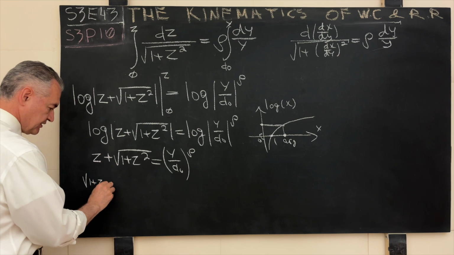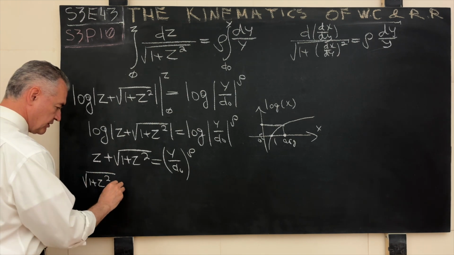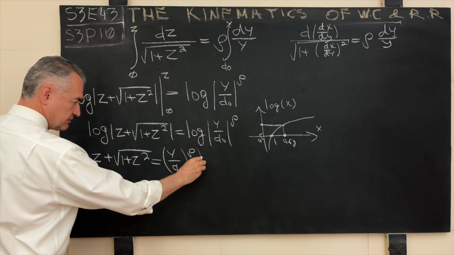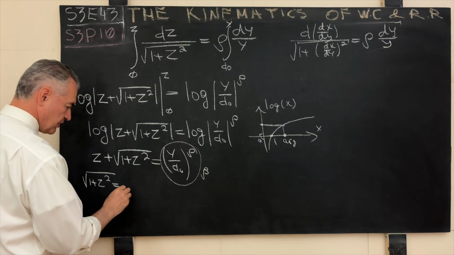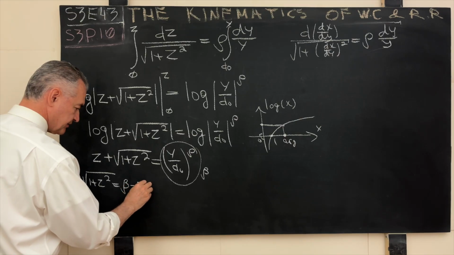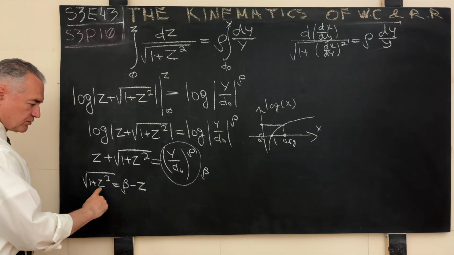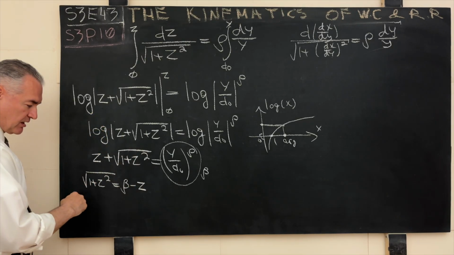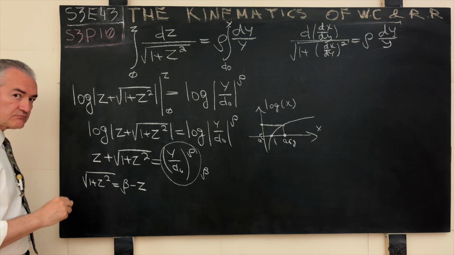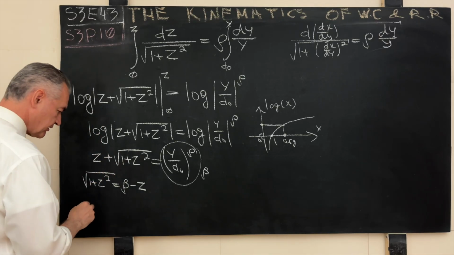1 plus z squared is equal to, let's write this temporarily as beta, so we don't have to write it, beta minus z. Square both sides. Again, remember the real square is again continuous, monotonically increasing and all that.